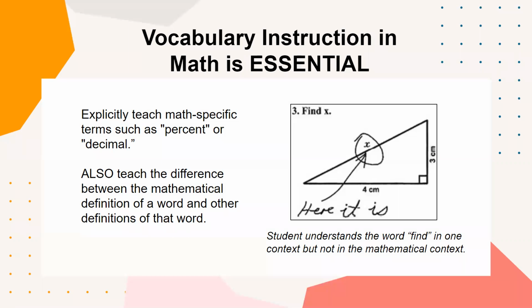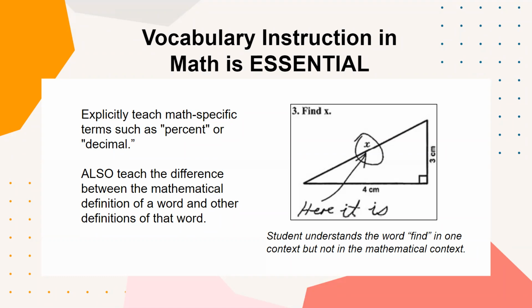This is an example of how important vocabulary instruction is in math. Explicitly teach the words that you need, like percent and decimal, but also many of the words that we use in math have another meaning. We laugh at these kinds of examples of kids taking a test. It says, find X, and the student wrote, here it is.